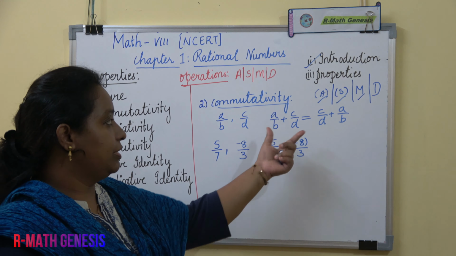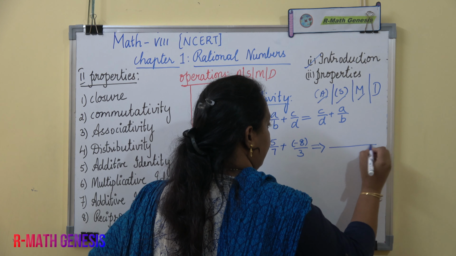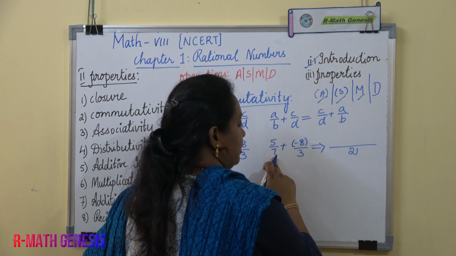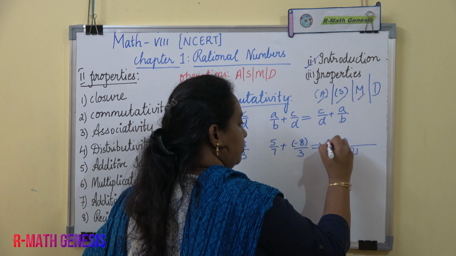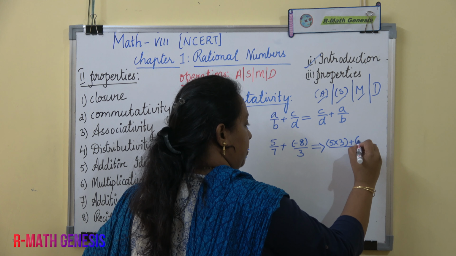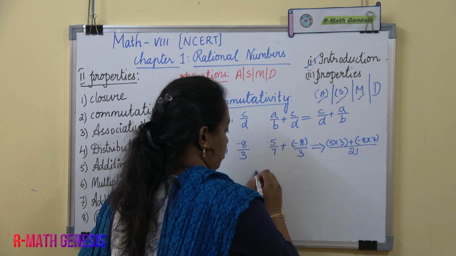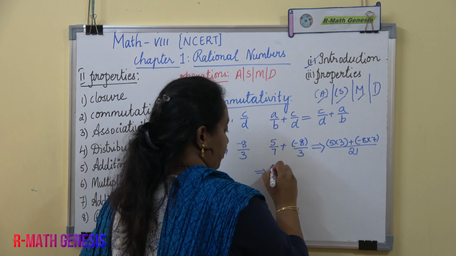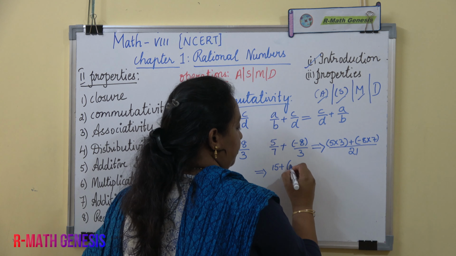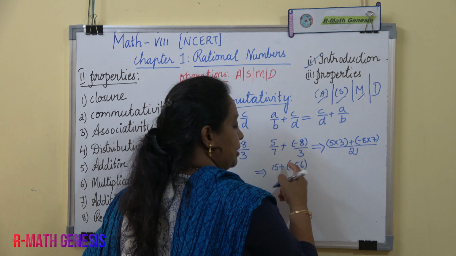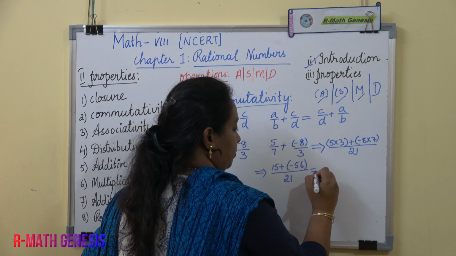Here the LCM is 21. 7 threes are 21, so it is 5 into 3 plus minus 8 into 7. 5 threes are 15, and 7 eights are 56. Because we have the minus sign, I keep minus 56 by 21.